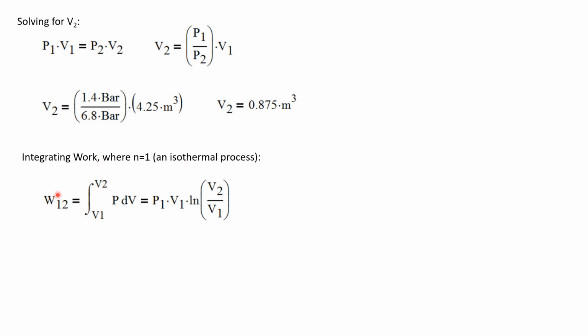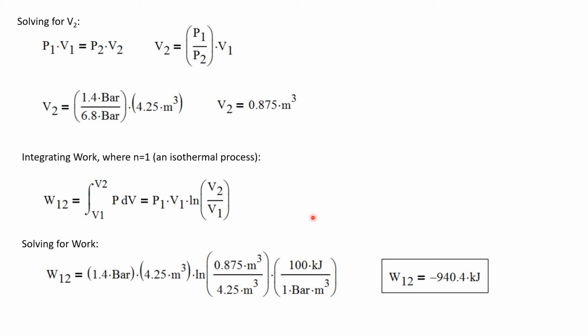All right, the work from state 1 to 2 is the integral of P dV from V1 to V2. And we don't have to do integral calculus to solve this problem. We've already done that in a previous lesson. We can simply take the algebraic solution of that integral, which we know is P1 V1 times the natural log of V2 over V1, and substitute our values.